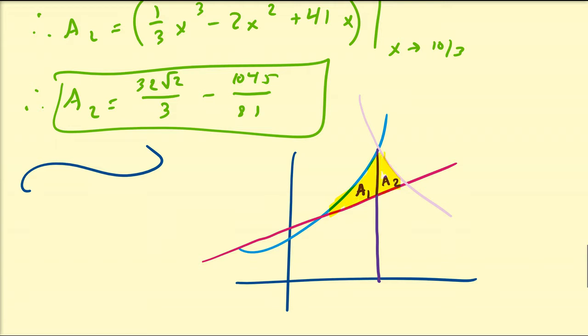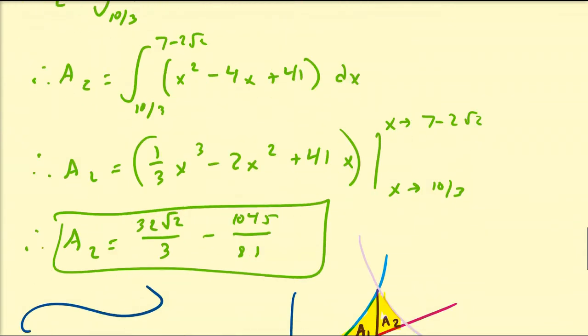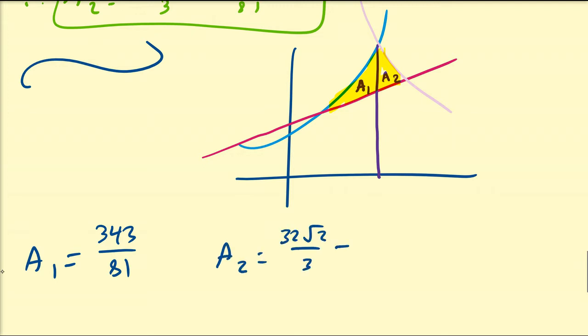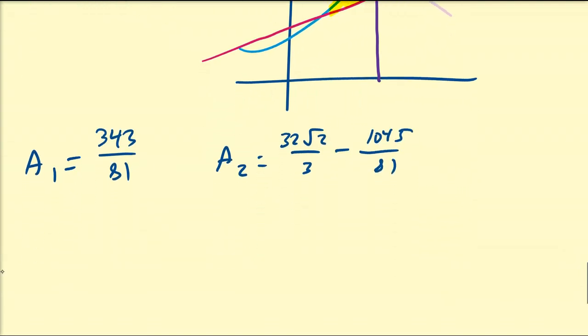These two numbers that we have here: A1, which came out to 343 over 81, and A2, which came out to 32 root 2 over 3 minus 1045 over 81. All we need to do is add these up, and that gives us our total area.